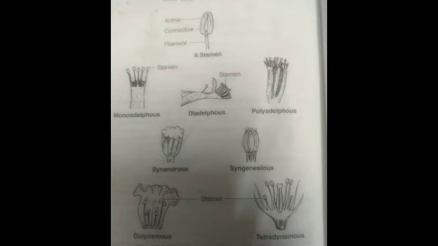It means filaments of stamens are united but anthers are free. Okay, so mono means filaments fused in a single group. Diadelphous means filaments fused in two bundles, and poly means filaments are fused making more than two bundles.